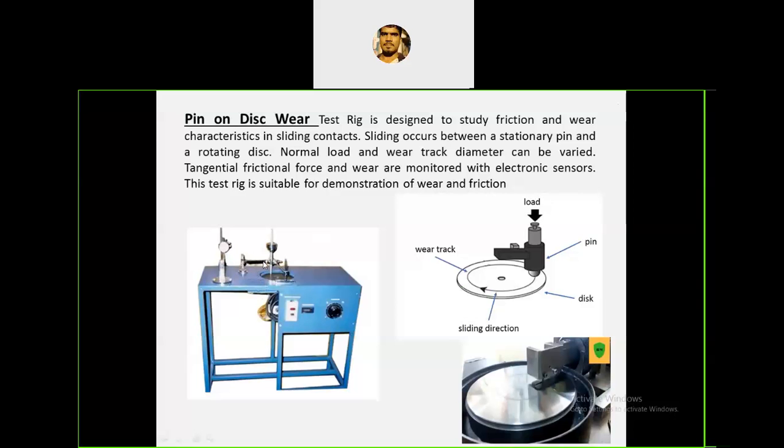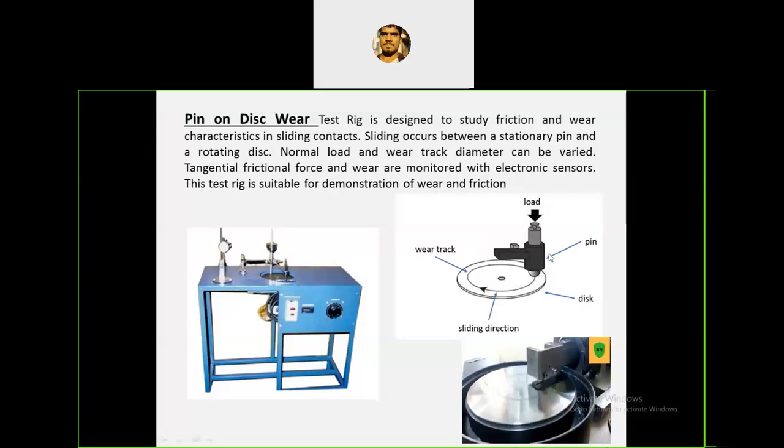And this device comes with a specimen. First we have to prepare the specimen according to the ASTM standard, so that the specimen is easily placed in this holder.